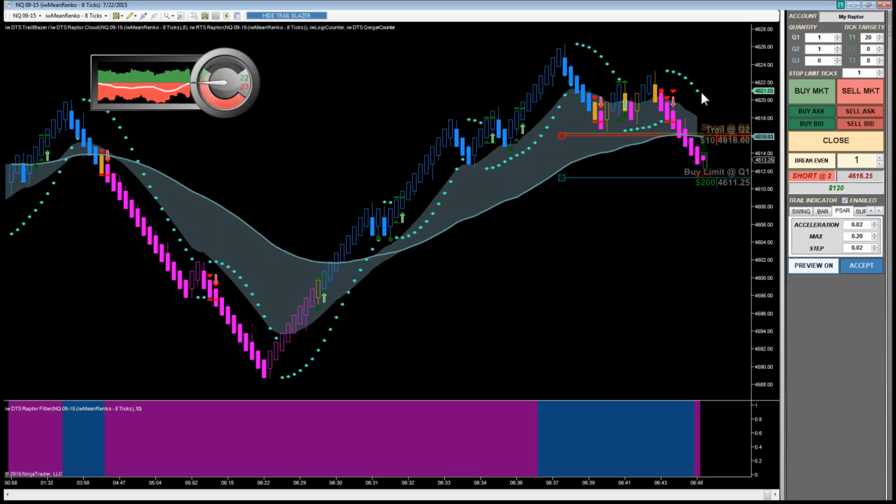Now you'll notice my stop just went from up here to down here. That's because we hit the break-even trigger. We might be a little bit early on that, but we'll leave it alone all the same.